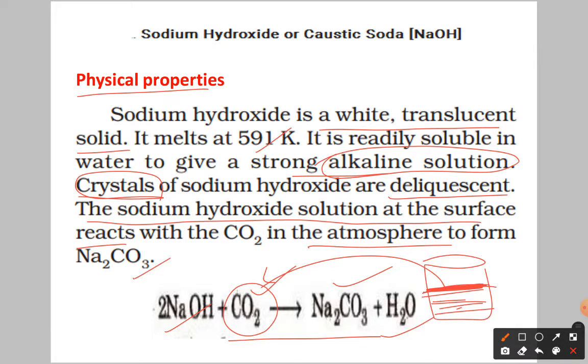So we have to use freshly prepared sodium hydroxide solution. We should not store it, because once stored it converts into sodium carbonate, meaning it is not pure. Along with sodium hydroxide, we also have sodium carbonate.